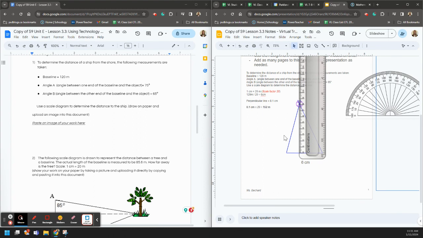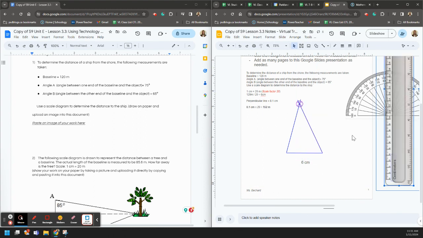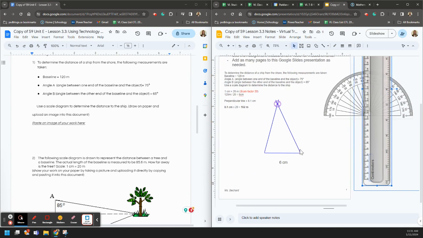So just to recap, we started out by tracing out a baseline using the scale factor to reduce the real life situation onto a scale that would work on paper. And from there, we went about measuring the degrees for both edges.